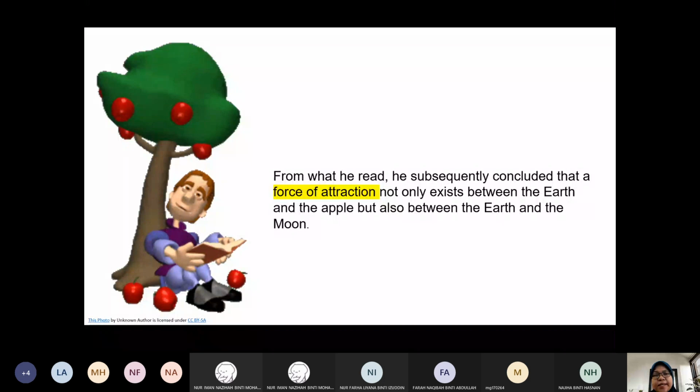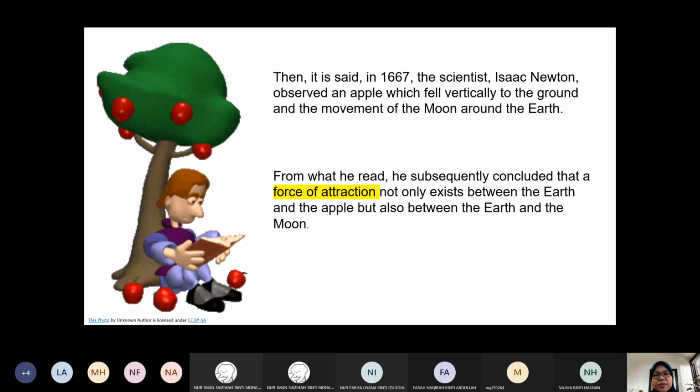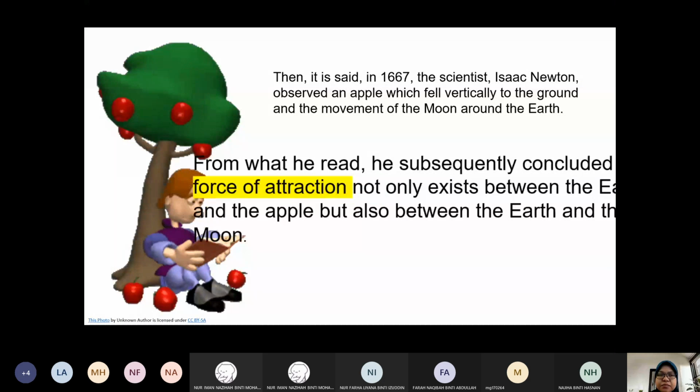Okay, anyway, it is said that in 1667, scientist Isaac Newton observed an apple which fell, and from that experience, he found the force of attraction. Force of attraction exists between the earth and the apple, and also the earth and the moon.